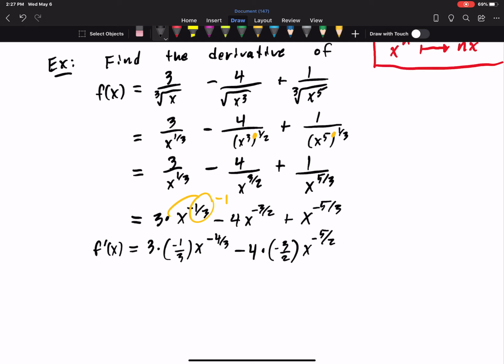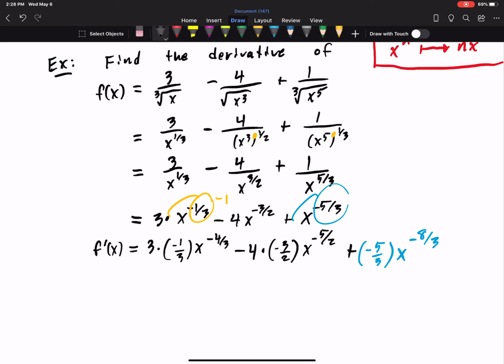Okay? And then in the third term, you're going to bring down your exponent. This whole thing, bring it down. So you have minus 5/3, and then you have an x, and then you're subtracting 3/3 from the exponent. So this gives you minus 8/3 in the exponent.